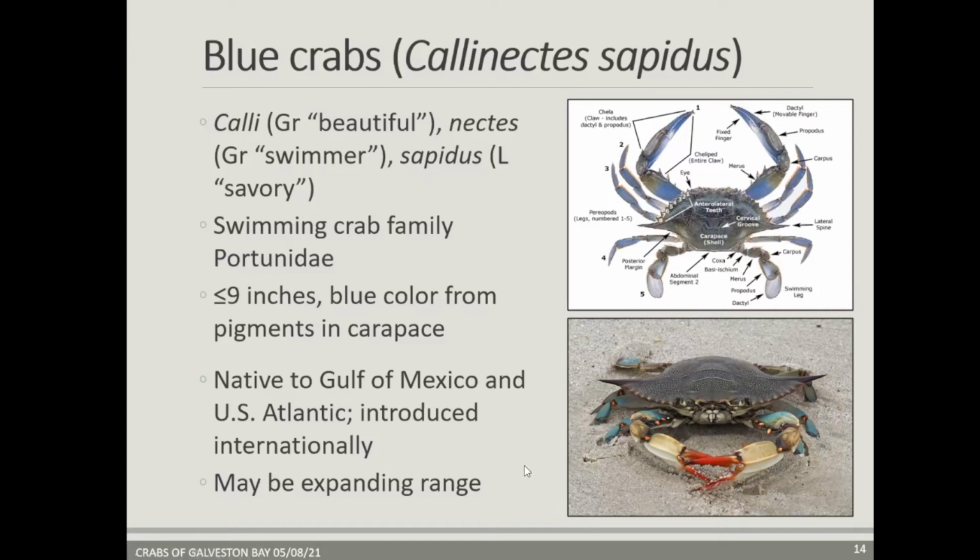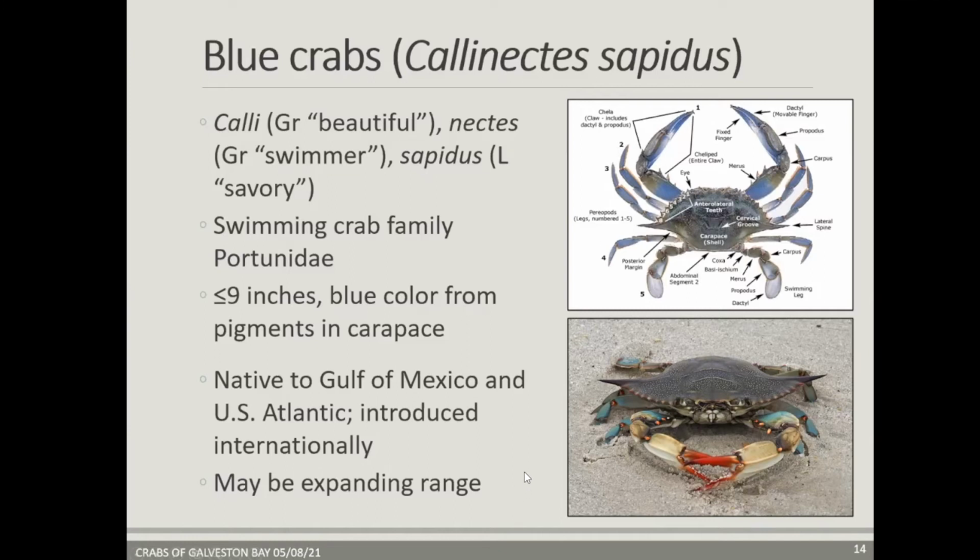They're native to the Gulf of Mexico and the U.S. Atlantic coast, but because of their value as a food source, they've been introduced internationally, and they do very well in just about any place they've been introduced. But nobody calls them an invasive species. I guess it's because they're wanted for food.